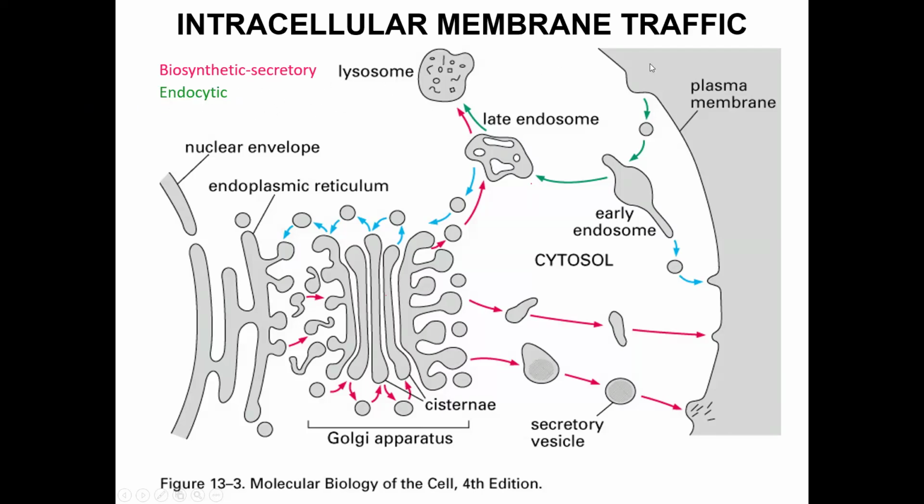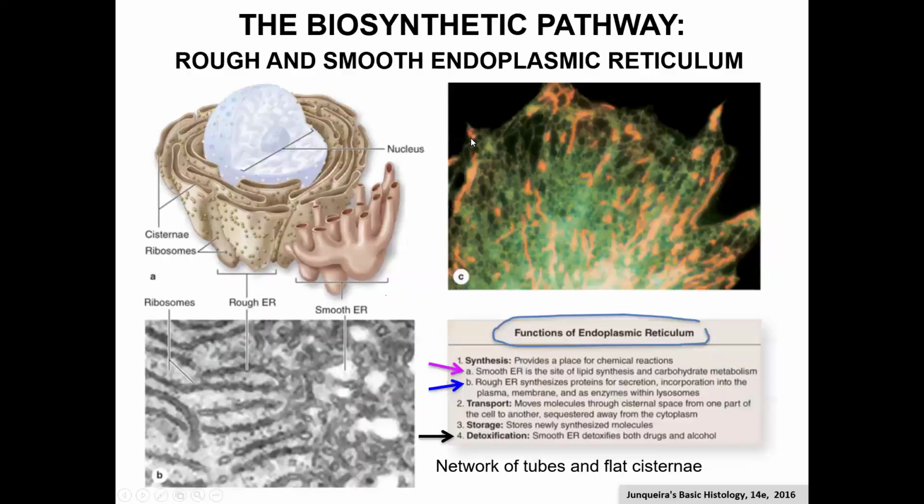There is the endocytic pathway that takes material from the extracellular space, internalizes it in endocytic vesicles, and transports them to the lysosome. There is also a retrieval pathway, but I don't insist on them. Now take a look at the endoplasmic reticulum.